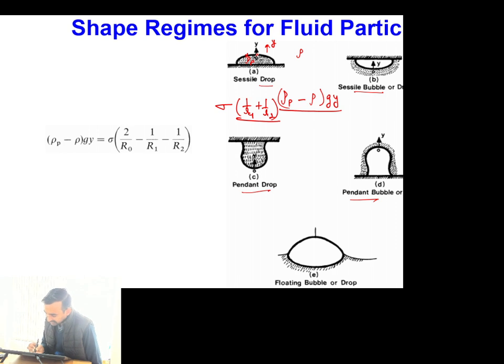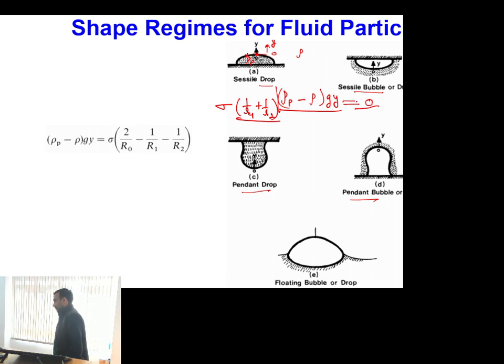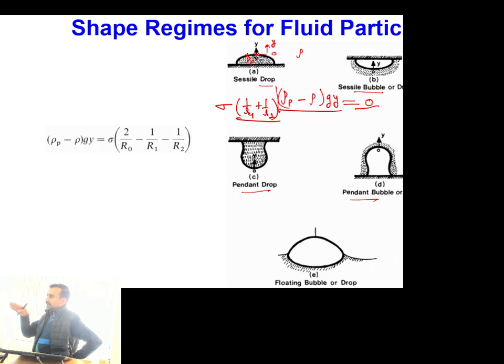Now let us talk about this starting point. At the origin point, if I am measuring y with reference to this position, then y will be equal to 0. So if y is 0, then the corresponding value of the hydrostatic pressure difference at this point comes out to be 0. Is this point clear? Now if you calculate the pressure difference because of the surface tension at this particular point, whatever is the mean radius of curvature in this particular plane, the same will be the mean radius of curvature in the other plane.